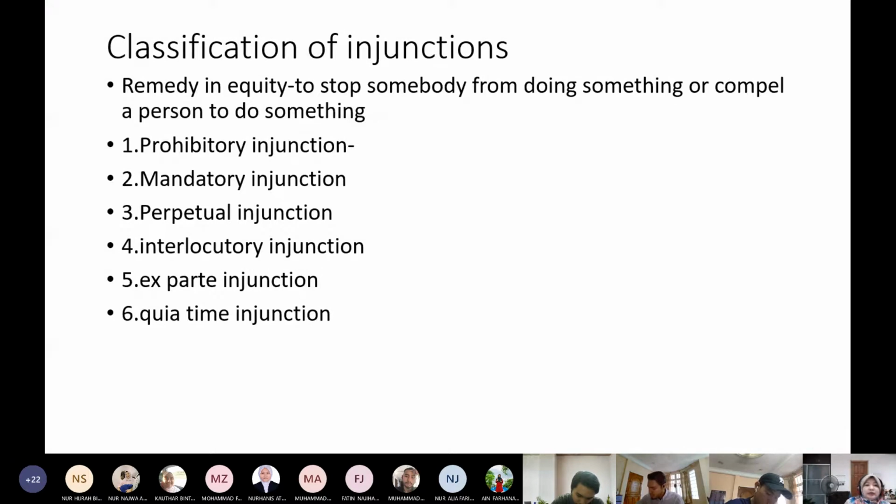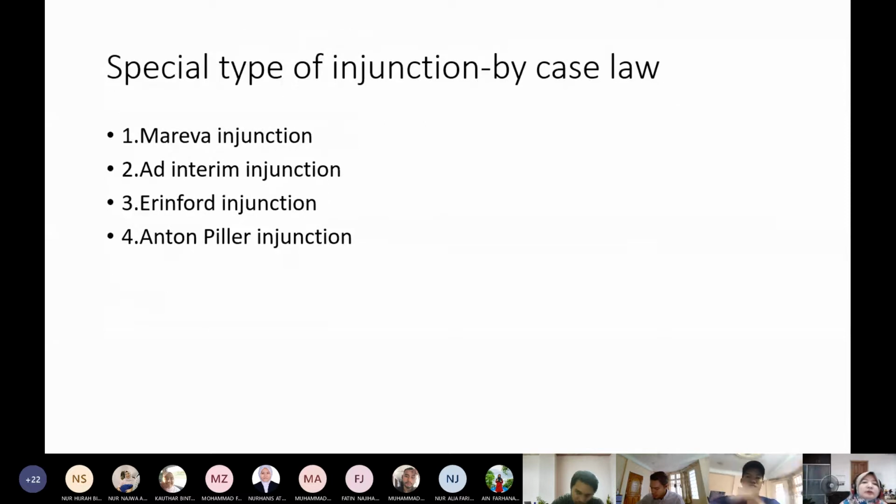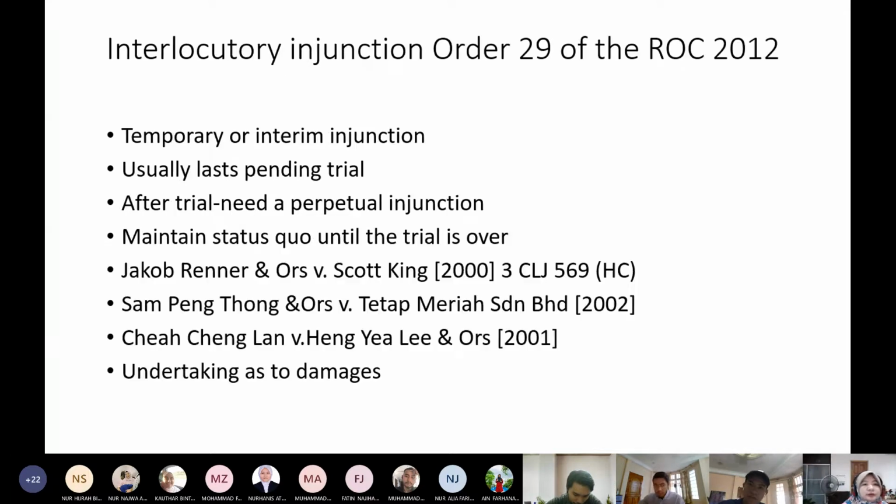So basically these are the classifications of injunction. The most important ones that we are going to study in this topic are the Mariva injunction and the Interlocutory injunction. These are special types of injunction because they are created by case law, namely Mariva injunction, ad interim injunction, Anton Piller injunction, and Interlocutory injunction. So this is the outline of our course.